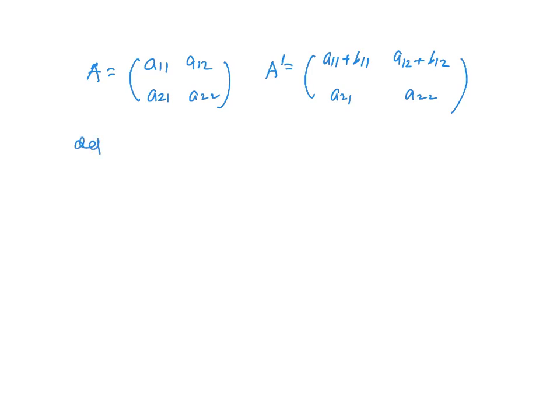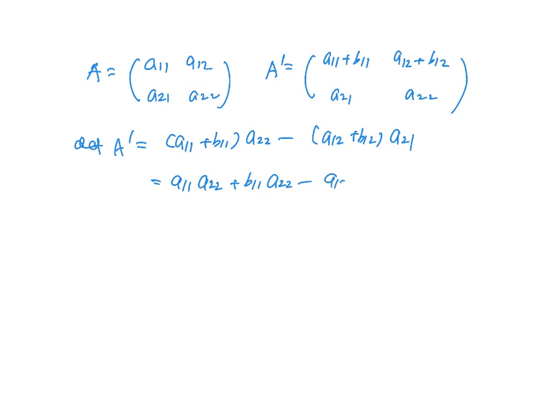Determinant of A prime is A11 plus B11, A22 minus A12 plus B12 times A21, which is A11, A22 plus B11, A22 minus A12, A21 minus B12, A21.